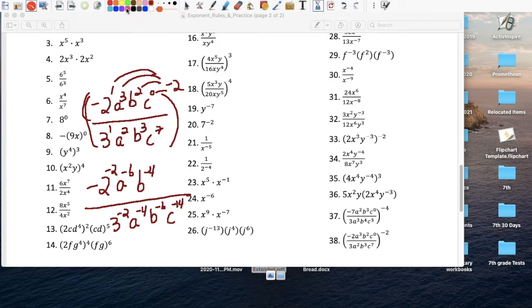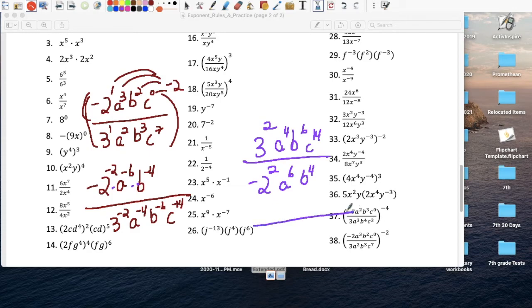So again, just like the previous problem, all the factors on the top have negative exponents. So let's throw them down here to the denominator and make their exponents positive. Same thing, in the denominator, all the factors are negative exponents. So 3 to the 2nd power, a to the 4th, b to the 6th, c to the 14th.